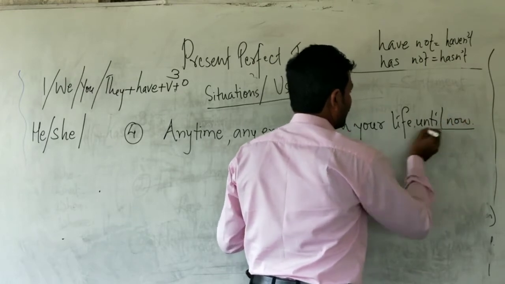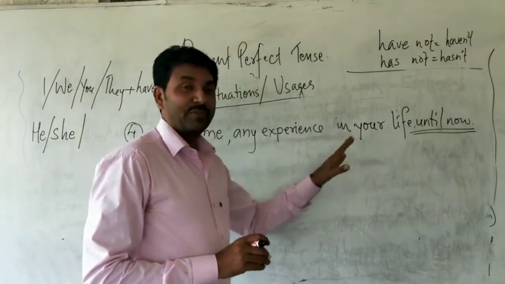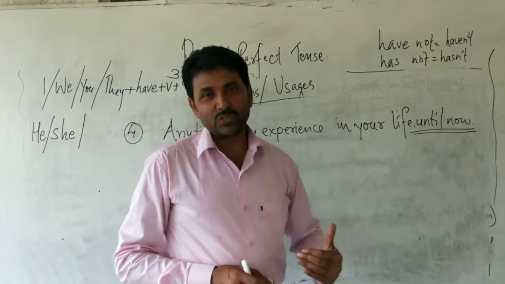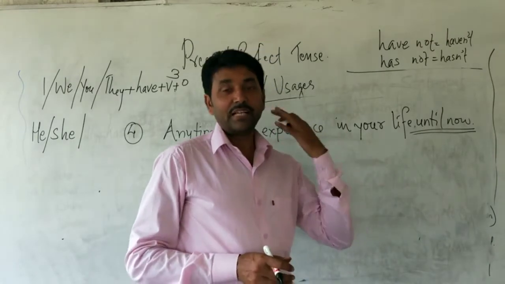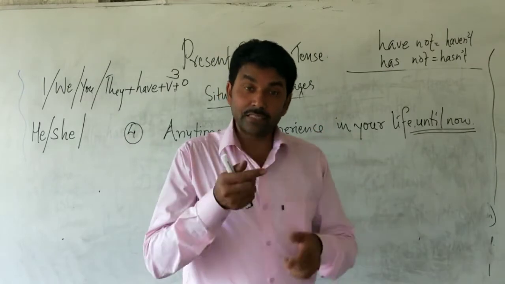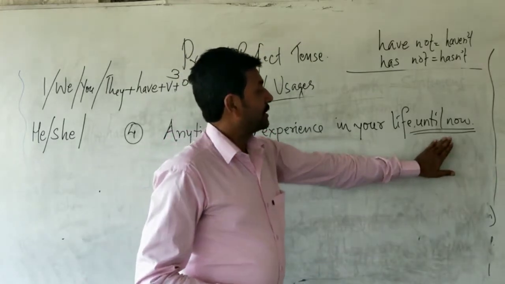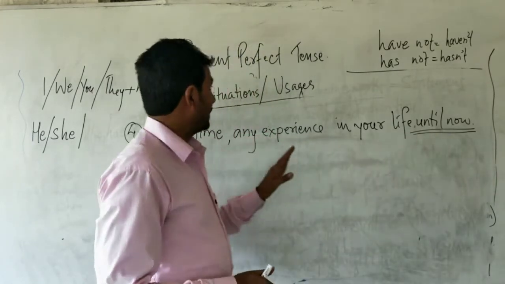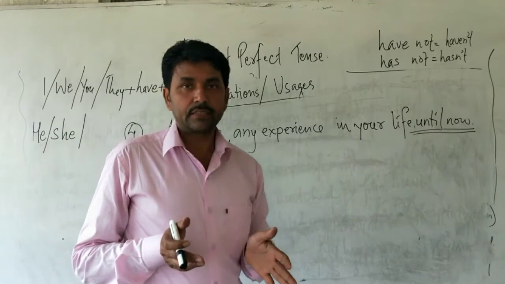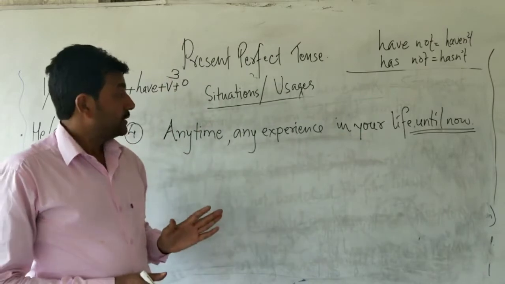This until now is very important in present perfect tense because everything has a relation with until now. Whatever happens, any action completed in the past, its result is still until now. So until now has a very important role in learning present perfect tense. Any experience you have had in your life at any time in the past until now.